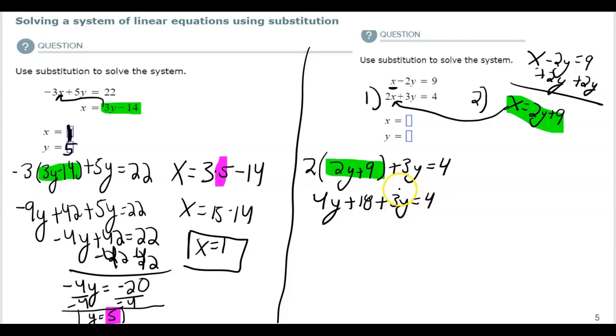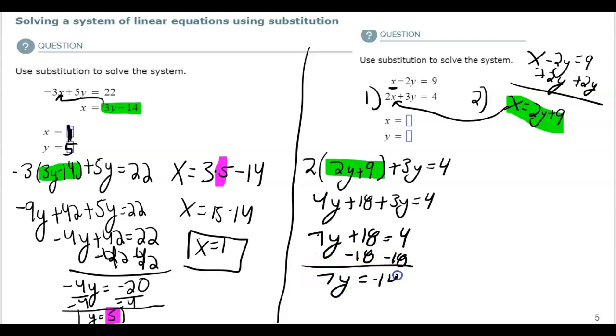Now I can just solve this, and I know that y equals -2.